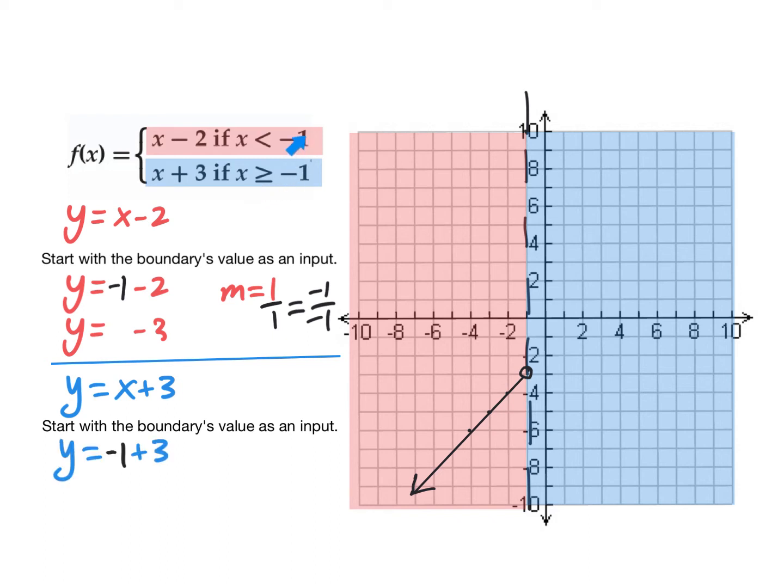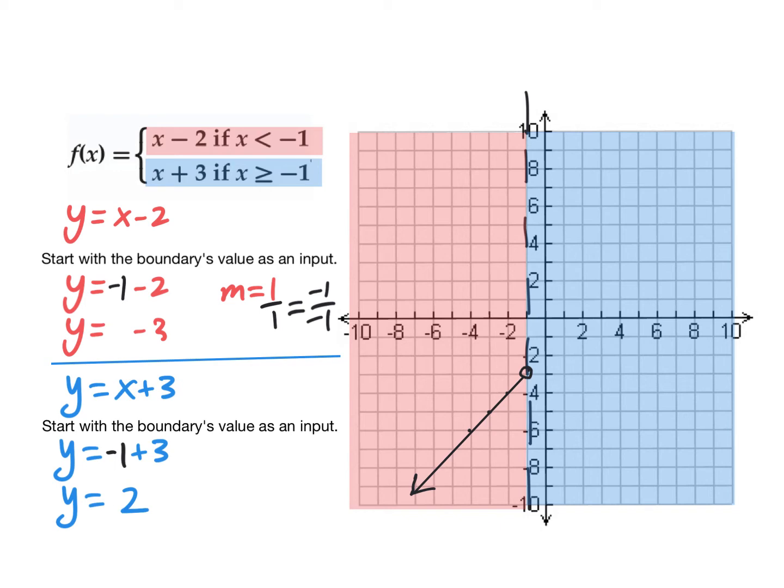Now, in this problem, they both happen to be -1. You're going to have other problems where this one might be -1 and this one might be 3. They don't have to be in the same point. It's okay if there's a big space in between the pieces. This is just one example. Anyway, I plug the -1 in for x again, and I get 2. So what this tells me is I have a point at -1, 2.